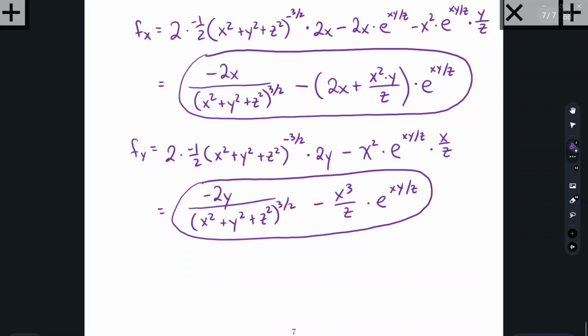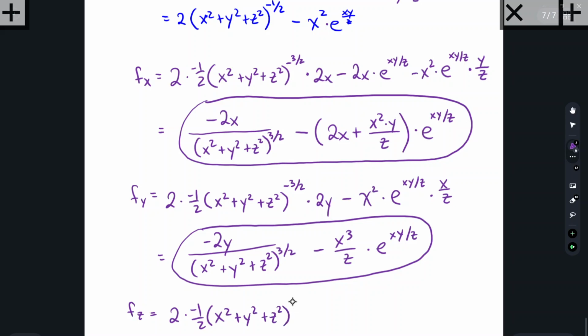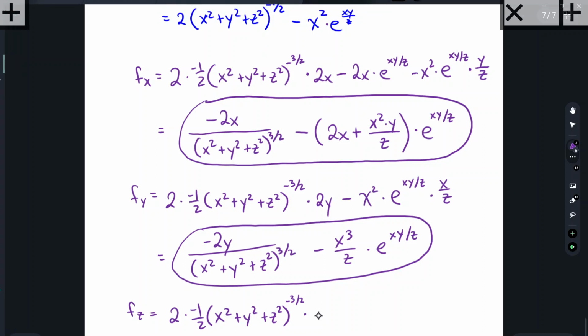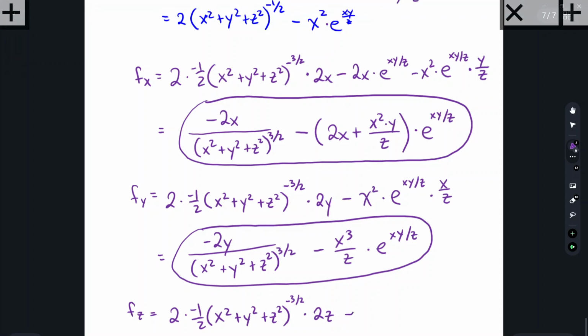Okay, so that's the partial with respect to y, and then finally the partial with respect to z. I have to apply the chain rule together with the power rule again. So 2 times minus 1/2, inside stays the same. Subtract 1 from the exponent, so that's minus 3/2, times the derivative of the inside. Now z is the variable, and x and y are constants, so you get 2z. And then for the derivative here, I'm treating x as a constant, so it doesn't affect the minus x squared.